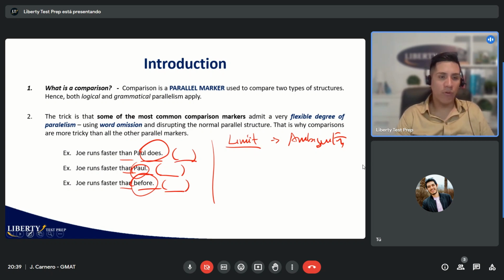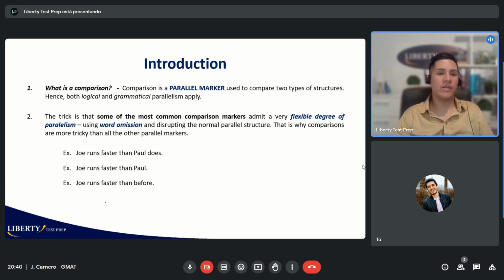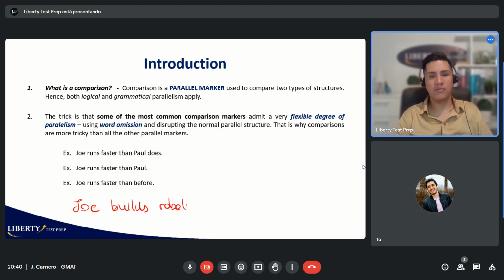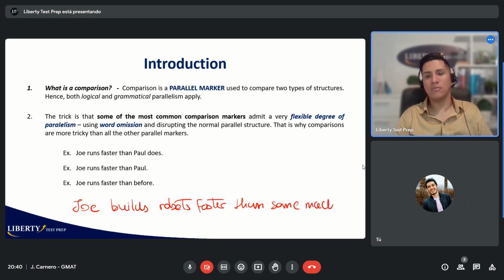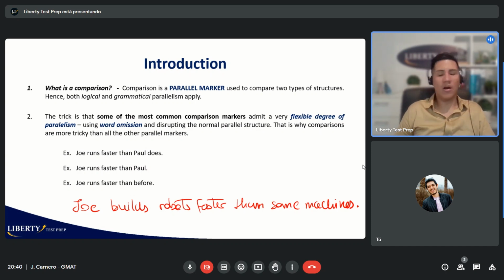Okay. For example, let's see here. If I say "Joe built robots faster than some machines," is that okay? How do you analyze the parallelism in that case?